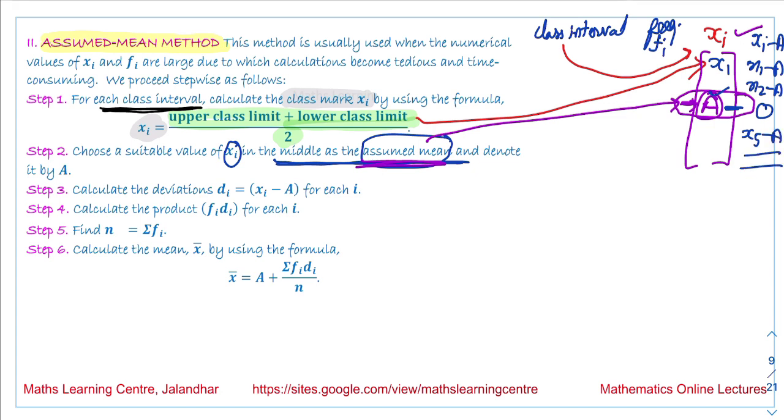We obtain some values in this form, and we denote these numbers by di. Di means these are the deviations. So di are basically xi minus the assumed mean.